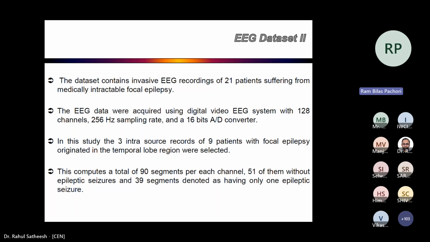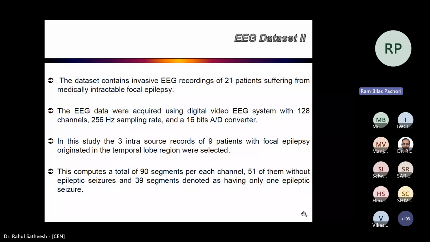In this study, 3 interictal records of 9 patients with focal epilepsy originating in the temporal lobe region were selected. In total, we have 90 segments per channel, 51 of them without seizure, and 39 segments denoted as having only one seizure. Now we have to detect that particular seizure. So we will see the results.